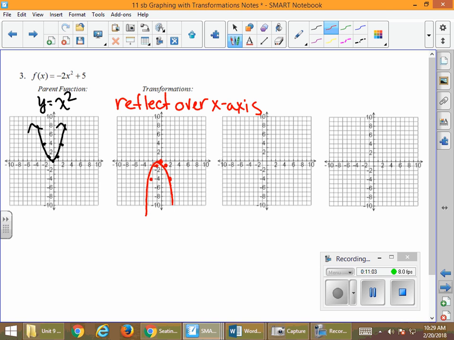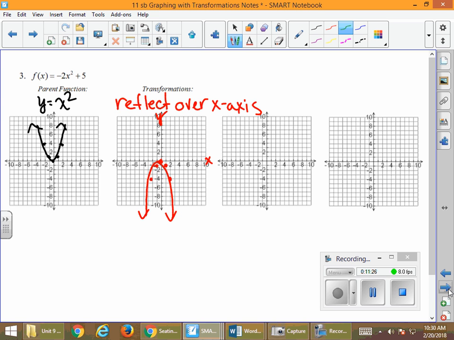When we flip that over the x-axis, by the way, here's x. That's the x-axis. This is the y. Like I said, the negative is separate from the 2, but the 2 is the next part in this equation that causes a transformation.